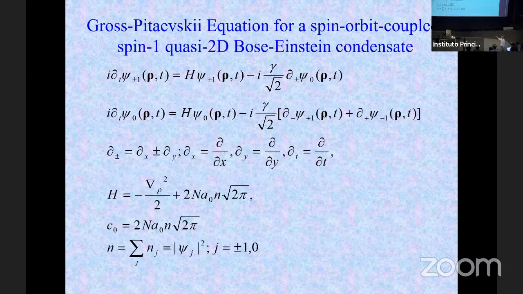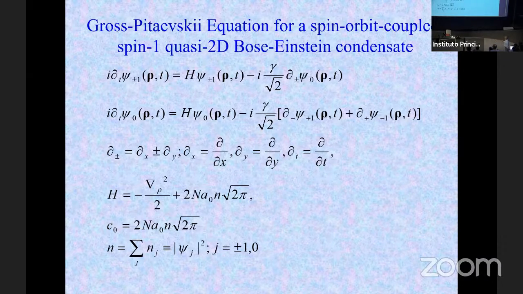And here the nonlinearity is the total nonlinearity of the 3 components. We have only 1 scattering length, a0, the spin 0, and the other scattering length is made equal to this by a Feshbach resonance, we assume, and then the spinor interaction goes away.